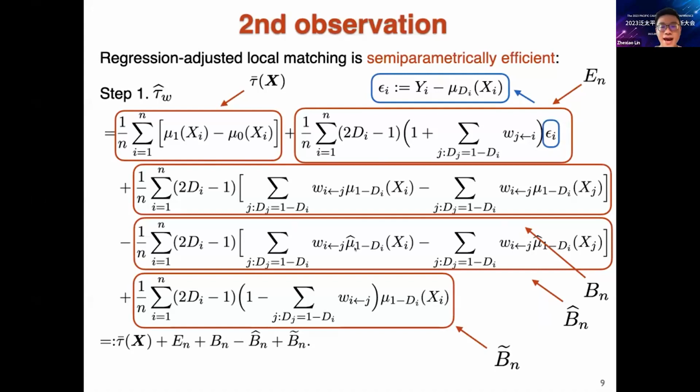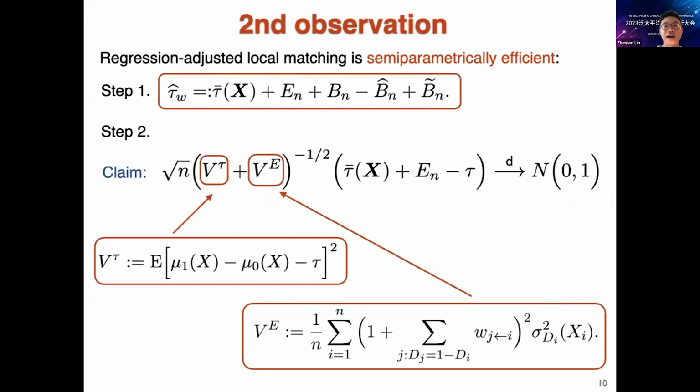Bn hat is in a very similar form as Bn, and we'll see Bn minus Bn hat is negligible on the root n order if we assume further assumptions. Our second step is to show that the first two terms can be used to estimate the true average treatment effect with a root n central limit theorem.